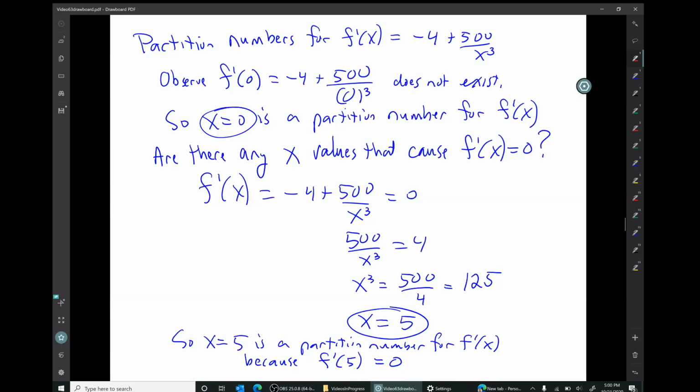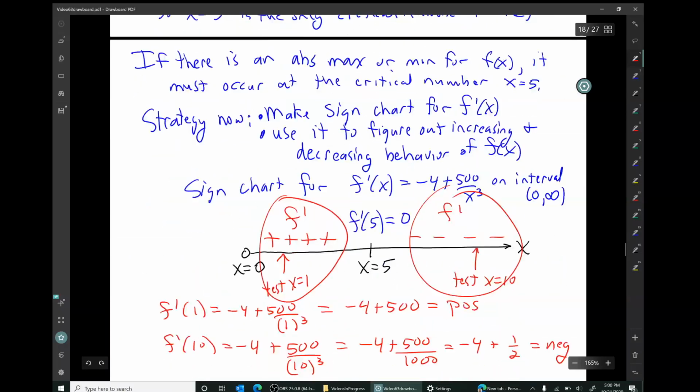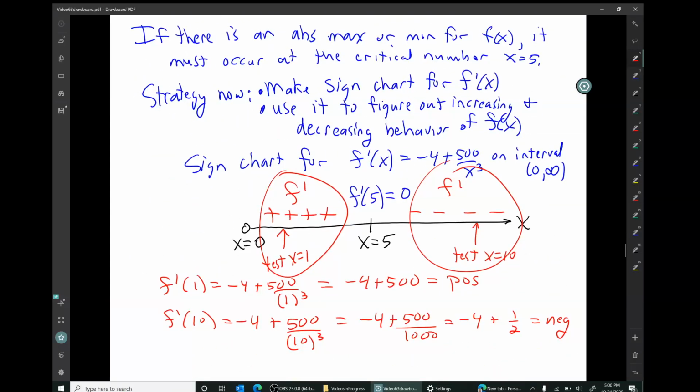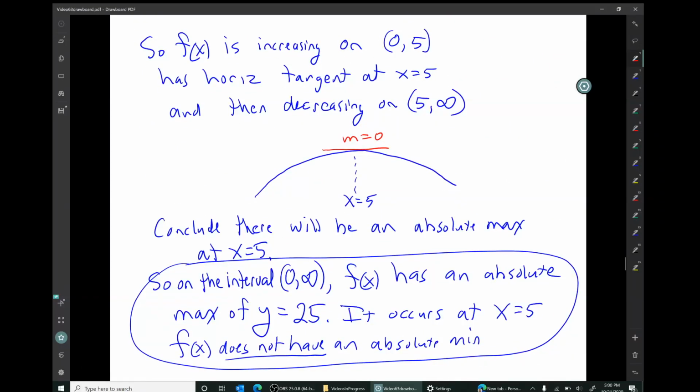We found the critical number was just x equals 5. And then we investigated the behavior of the graph by studying the sign behavior of f prime. And that told us the increasing, decreasing behavior of the function. So without much to go on at the beginning, we were able to answer this question.